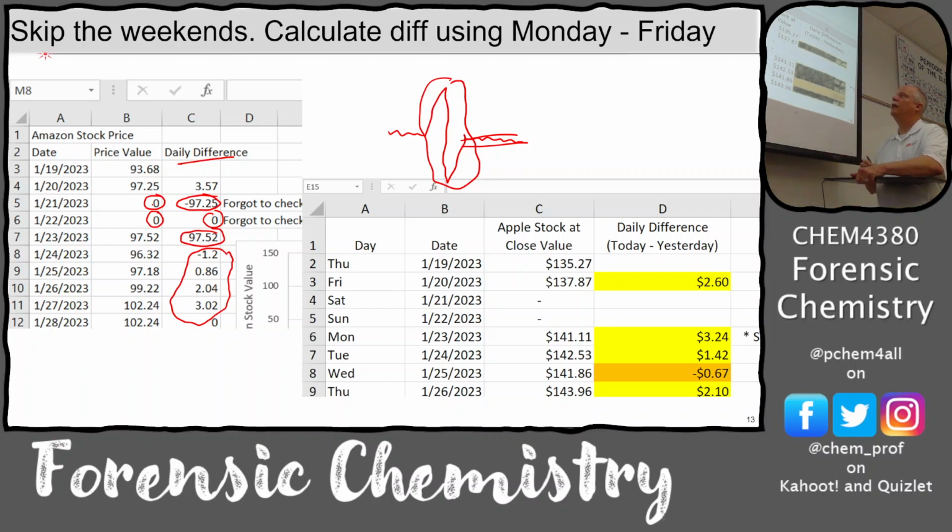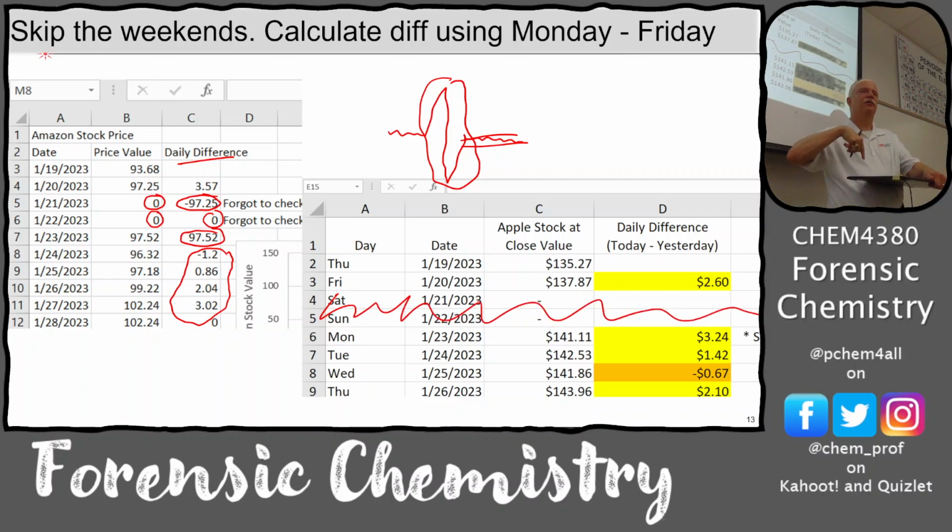Bless you. And then in this case, don't even put them in the table. And so you can just come over here and you can just delete these 2 rows. And just have Monday through Friday, Monday through Friday, Monday through Friday. Okay. And then it's easy with the formulas then. If it's adjacent minus the one above it, and you just go all the way down, and since Monday is right below Friday, it'll do the correct subtraction, and it'll just go all the way down.